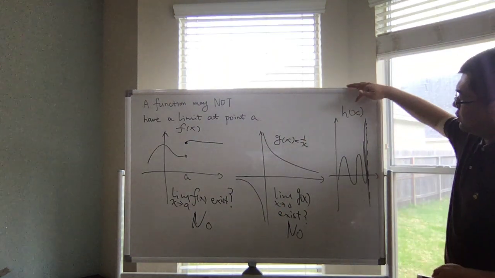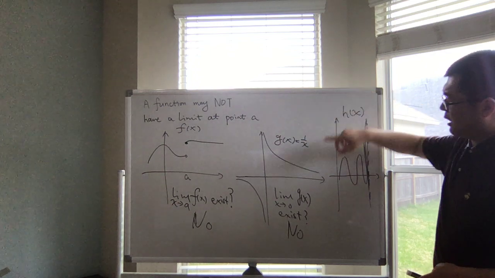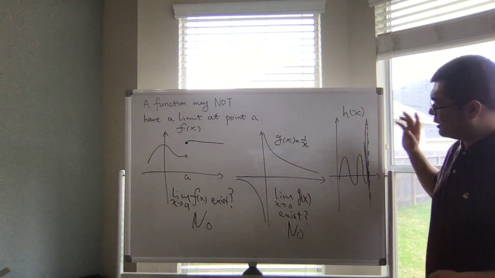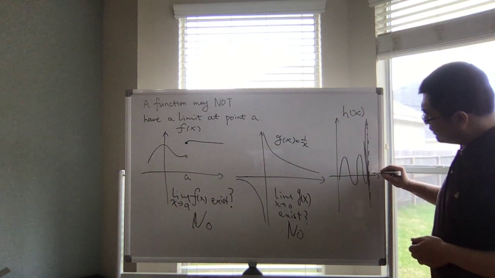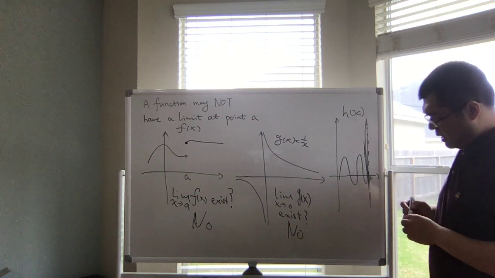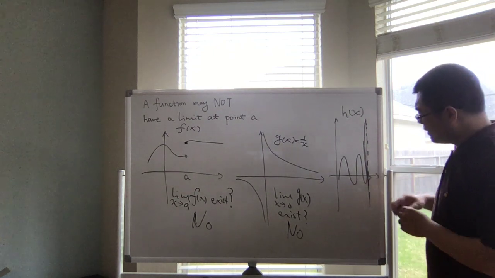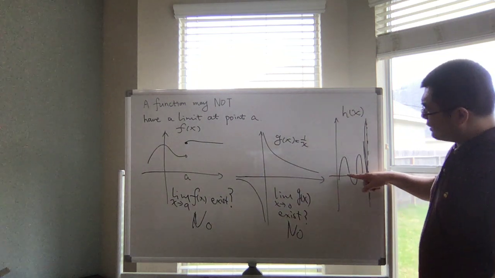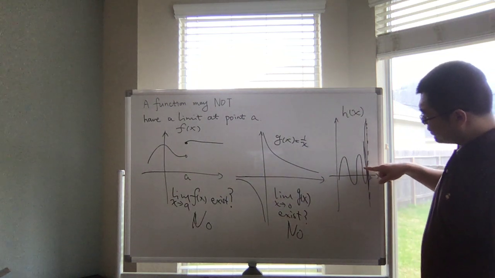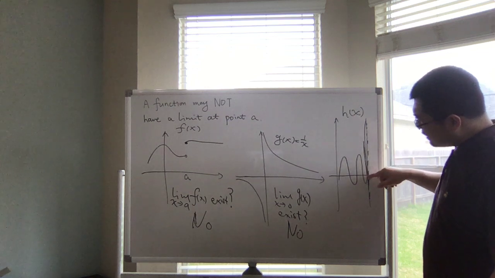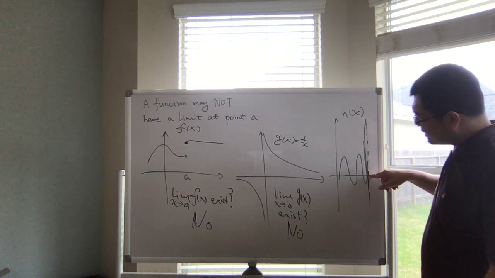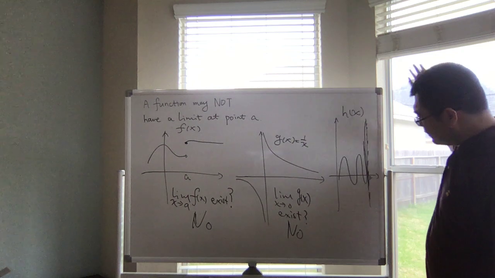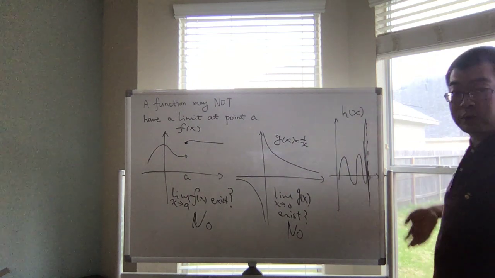Last case, h(x). Okay, I will not write into this, but just let you think about this. Assume this is the point a here, and the graph might not be very clear, but let me give you some brief idea. It's kind of like you have an oscillating function here. As x approaches a from the left-hand side, the oscillating is becoming more wild, okay?